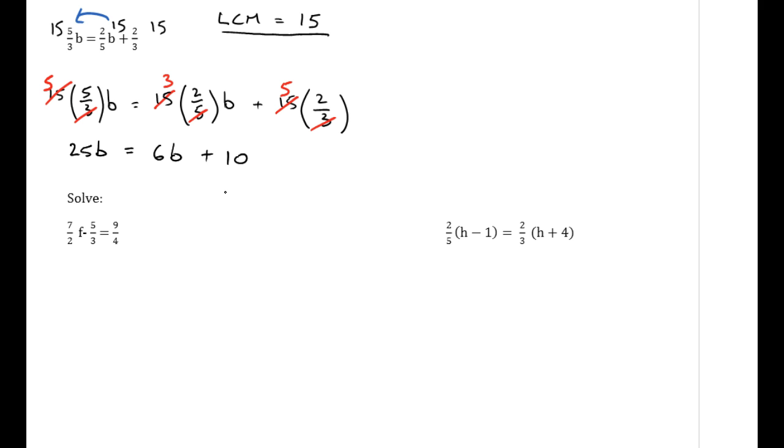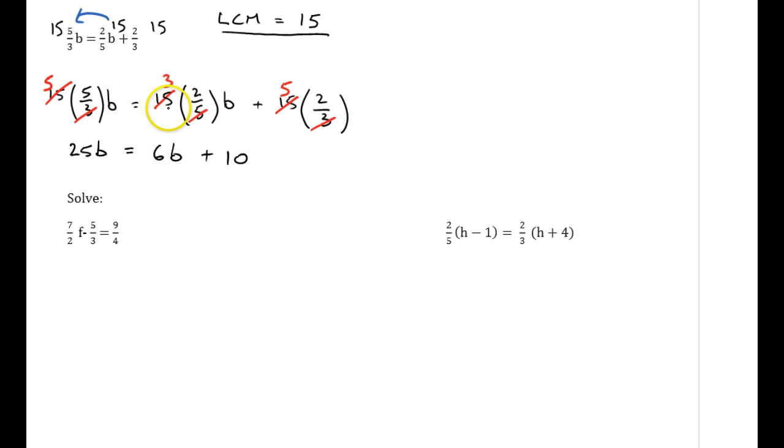Okay, so look what happens. Just by multiplying everything by 15, I've eliminated all my denominators and turned this into a fairly easy type 3 equation.